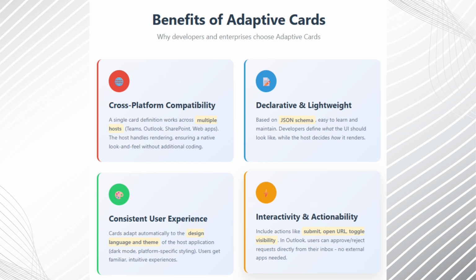Write once, run everywhere. Second, they're declarative and lightweight. Because they're based on a JSON schema, they're incredibly easy to learn, use, and maintain. As a developer, you simply define what the UI should look like, while the host application decides how it should be rendered.